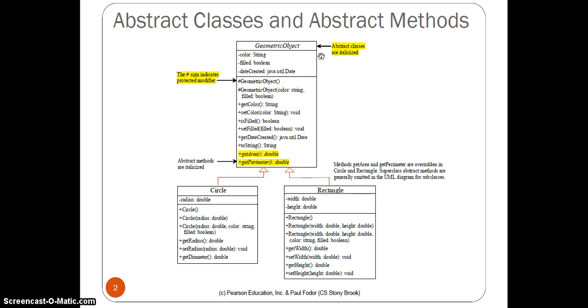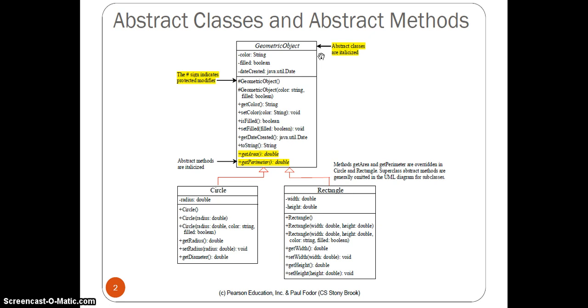Then I have some other get and set methods, get color, set color, get date, and everything is public. There's isFilled, a function that will tell me whether the geometric object is filled with some color or not. SetFilled means whether I want to fill or unfill the geometric object. Get date created is self-explanatory, I hope.